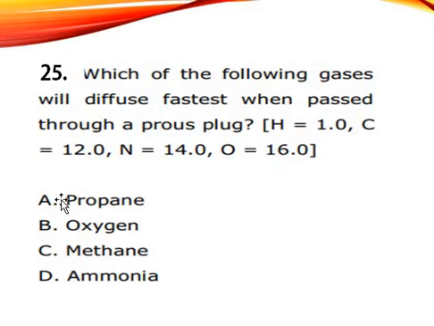So I'm going to write out the formula of each of these compounds, and then we'll use these values in gram per mole to find the masses and then determine which is the lightest compound and which will hence diffuse fastest. So we have propane, oxygen, methane, and ammonia.